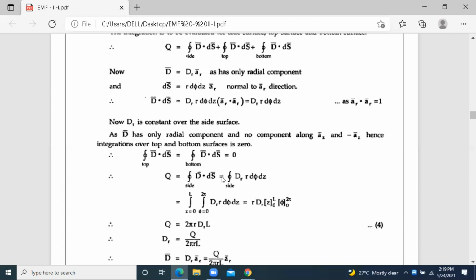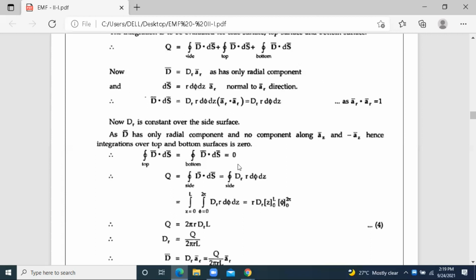For the top and the bottom, that would be 0. Why? Because D is only radial. D doesn't go up or down.